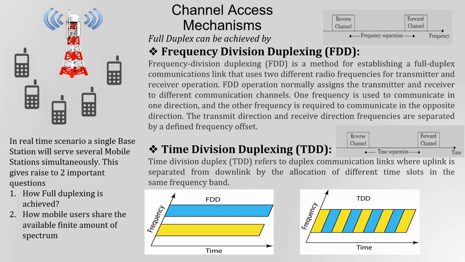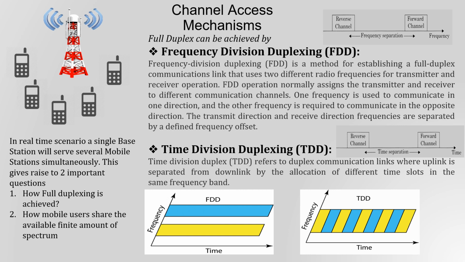The reverse channel is a simplex channel, and the forward channel is another simplex channel. These two channels are separated by frequency, which means I will allocate a separate frequency to act as the reverse channel, and a different set of frequencies to act as the forward channel. So that is what we call frequency division duplexing.